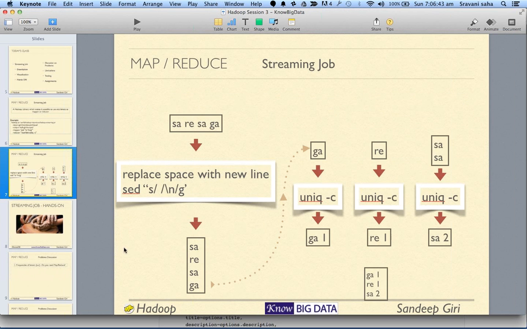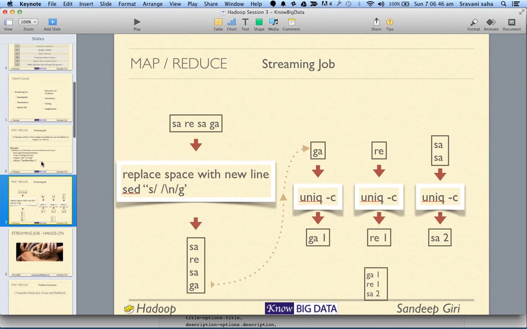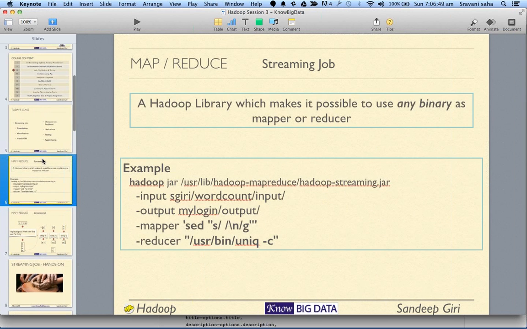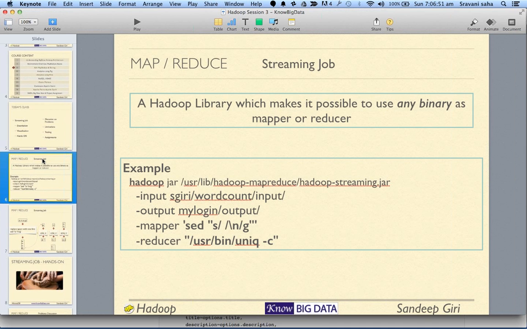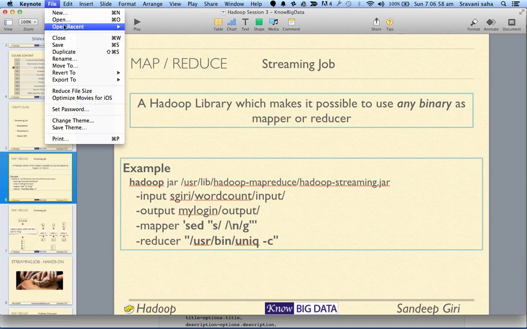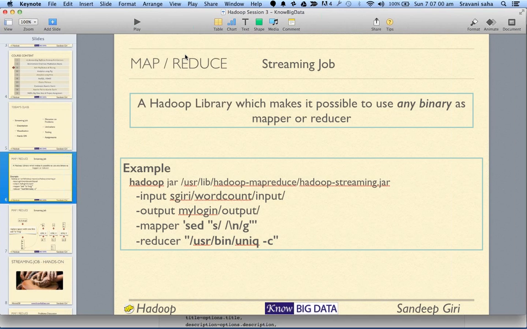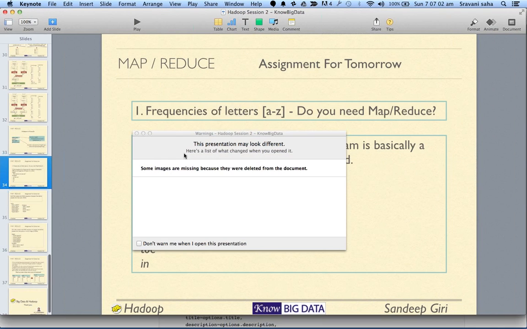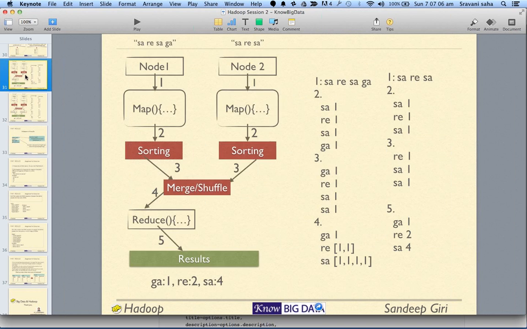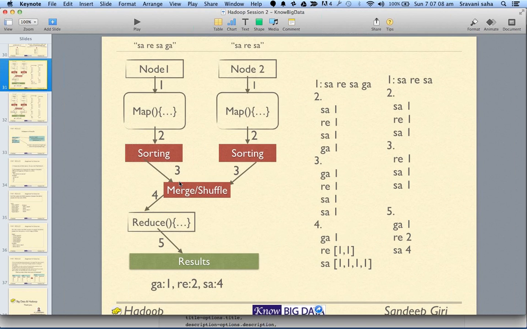I'll just show you this diagram first. I think I should do a little bit of recap on MapReduce. All right, this diagram should make it clear.